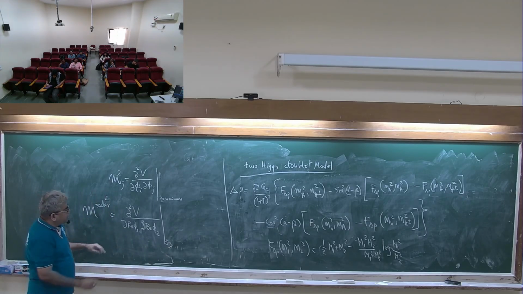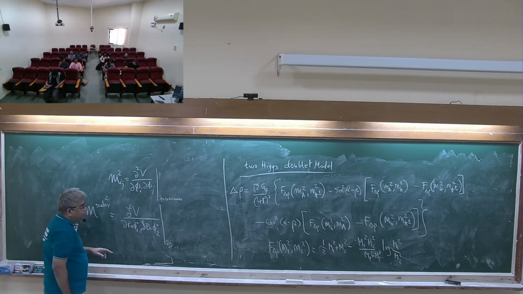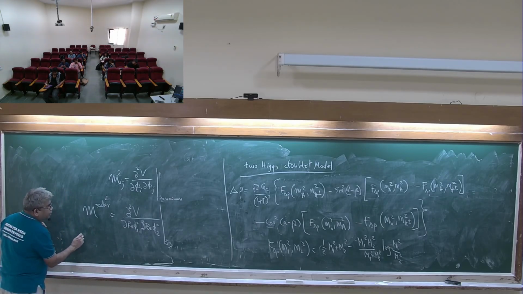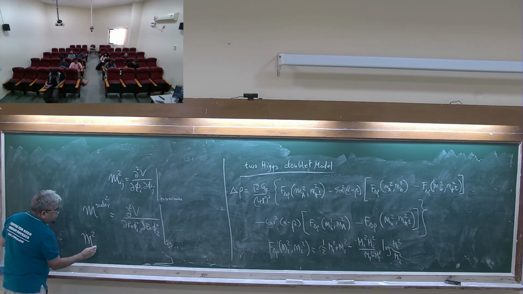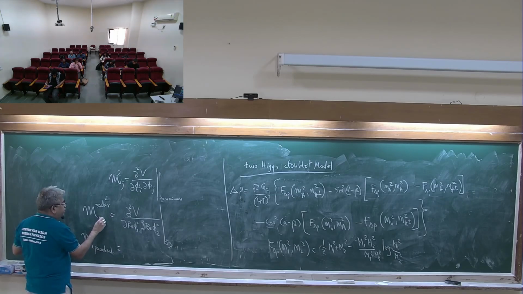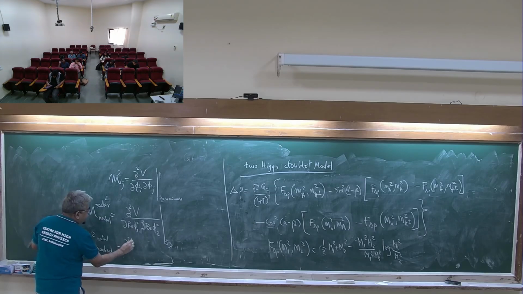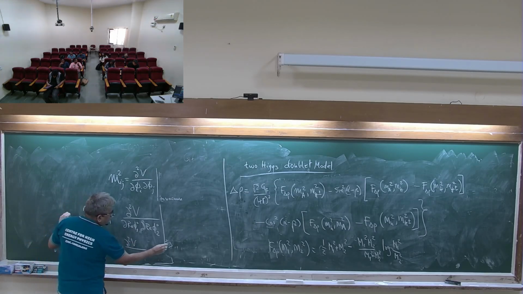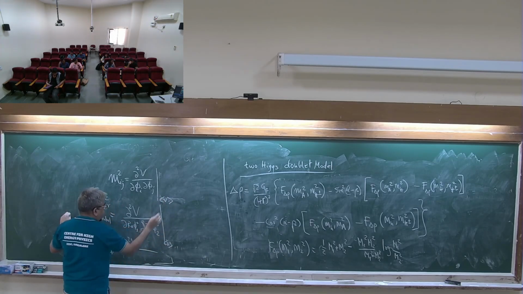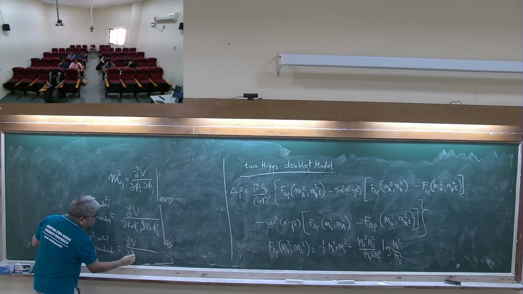Okay, the neutral components phi zeros essentially, the real components. Okay, the second one would be the pseudoscalar, which is also neutral. The same potential in the vacuum essentially. Okay, this sign means vacuum. Imaginary phi 1.